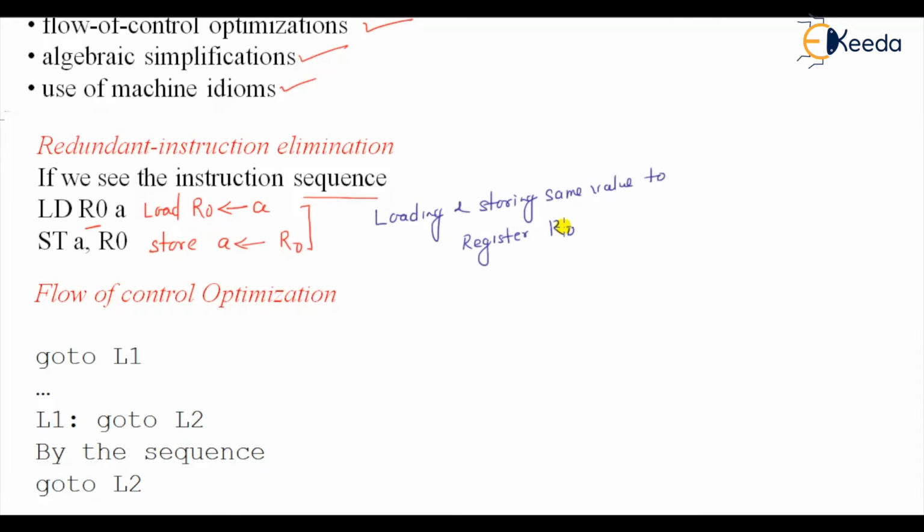If that is the case, we can remove this set of statements, and that is called redundant instruction elimination. This is one example of redundant instruction elimination.